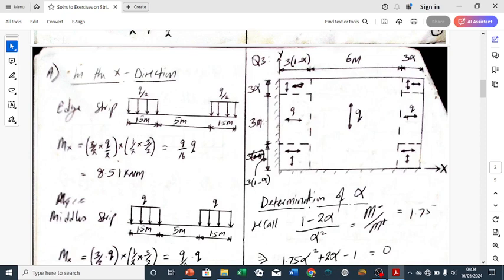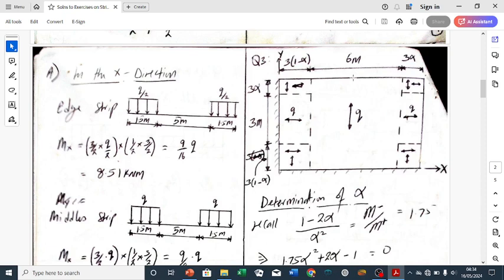That's why we have 3 meters here. This one, because this is the simply supported edge, is usually alpha B over 2, and B over 2 is 3, so that's why we have 3 alpha here. This one, the strip at the continuous edge, is usually 1 minus alpha B over 2. So B over 2 is 3, so we have 3 into 1 minus alpha.